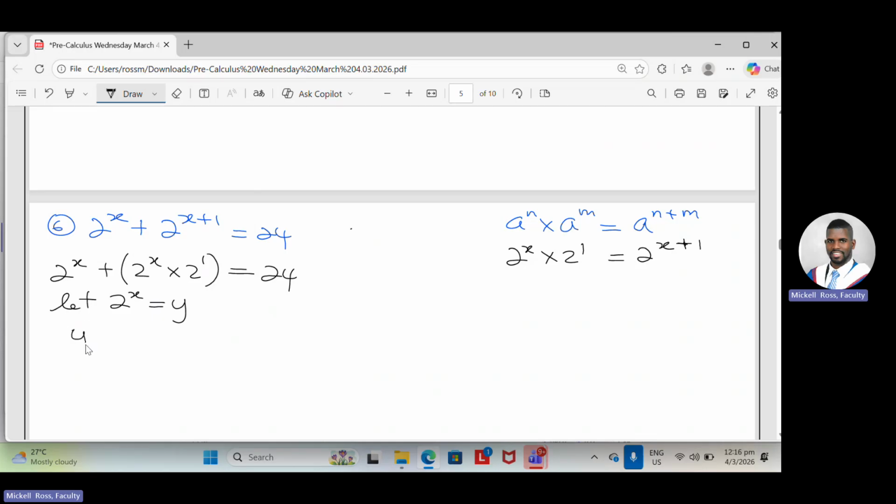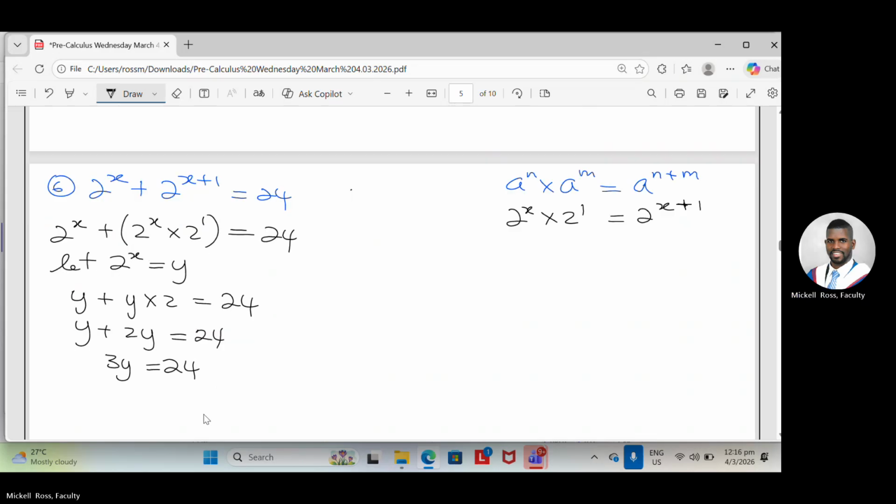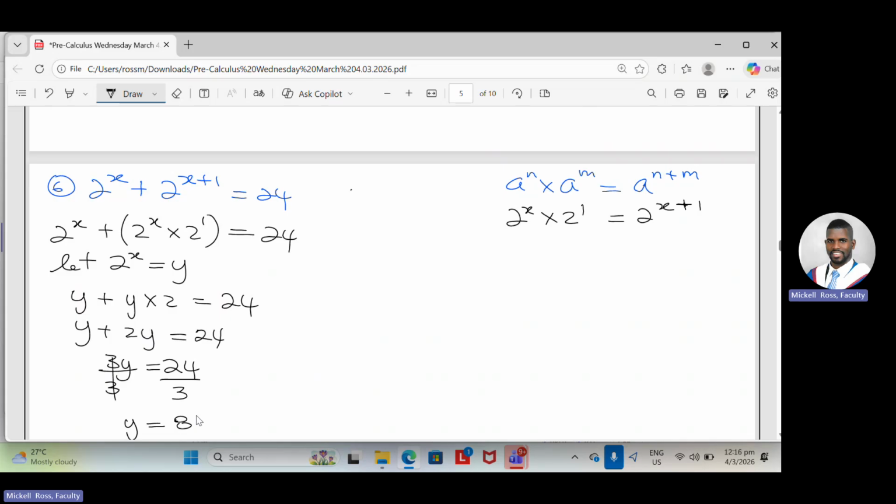So this is going to be y plus y times 2 equals 24. y times 2 gives us 2y, and y plus 2y is 3y equals 24. So to solve for y, we divide 24 by 3. So y is equal to 8.